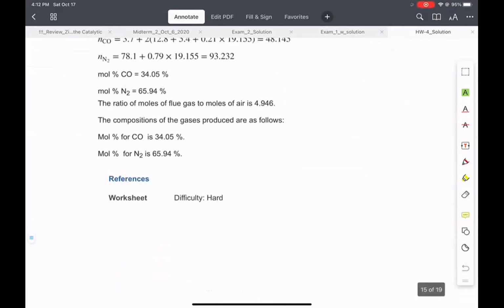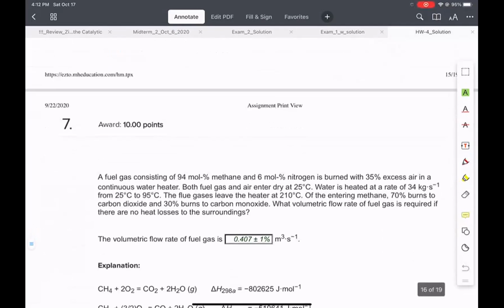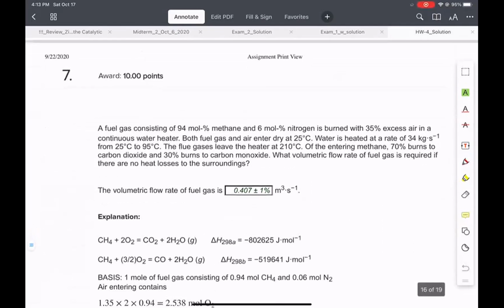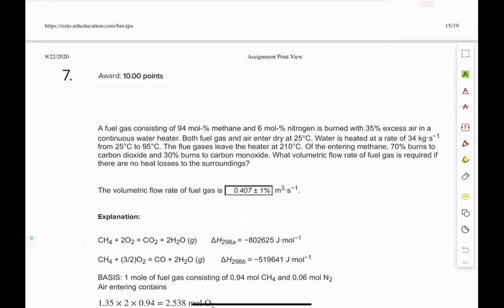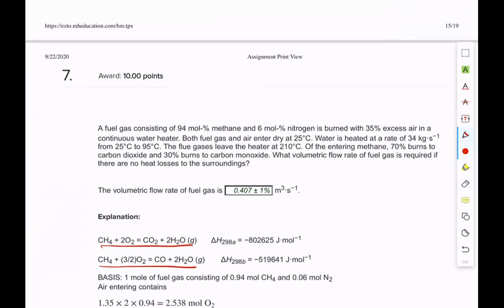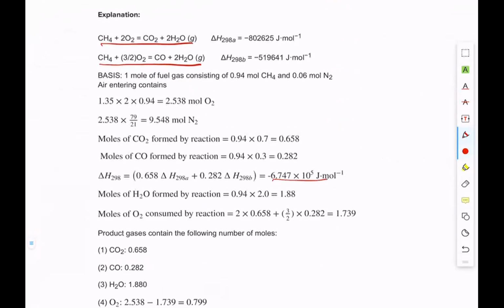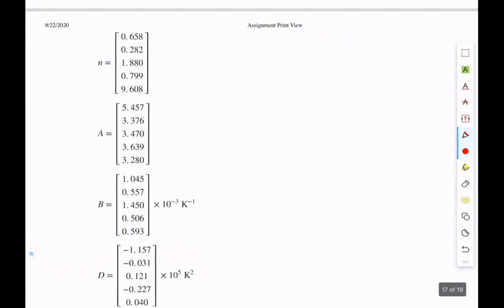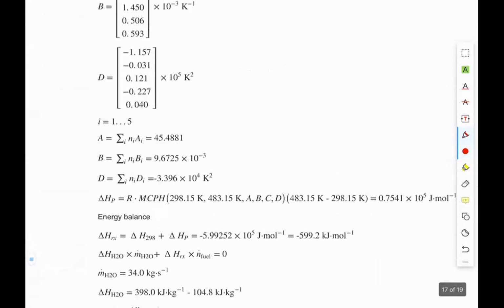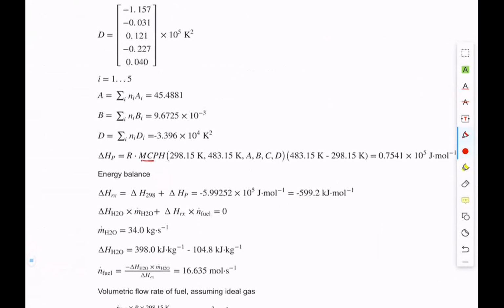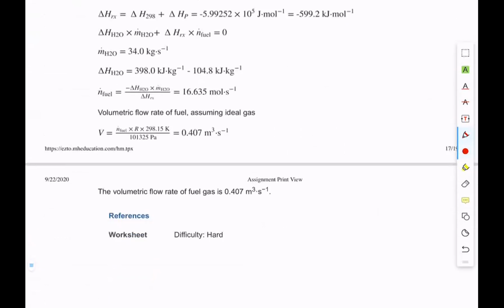This is for problem 4, and even for problem 6, I believe this is also quite a similar problem. We also need to involve the reactions. Here again, we are having two different reactions, and we need to calculate the flow rate. But indeed, you really need to calculate the heat involved in the exchange, right? So all those quantities, the stoichiometry, and using the provided equations to finish the calculation.